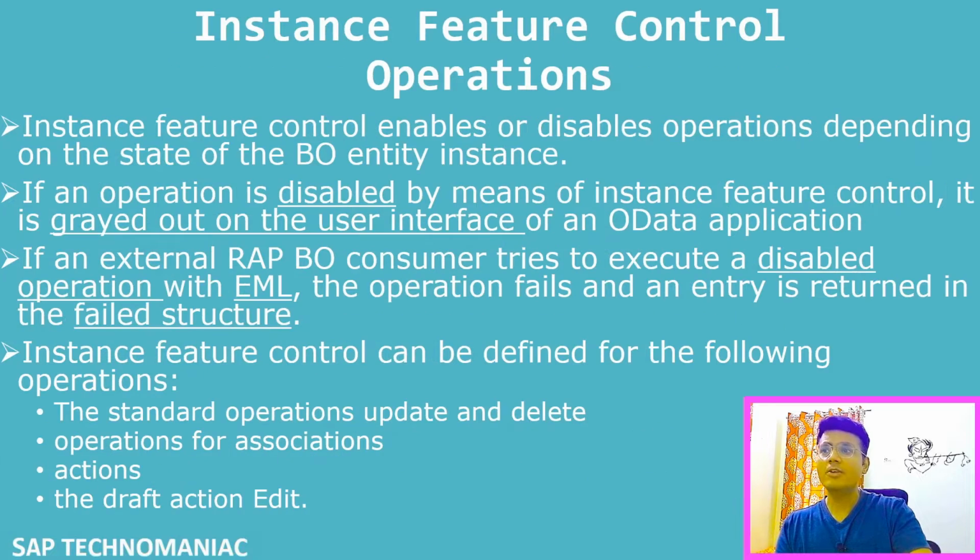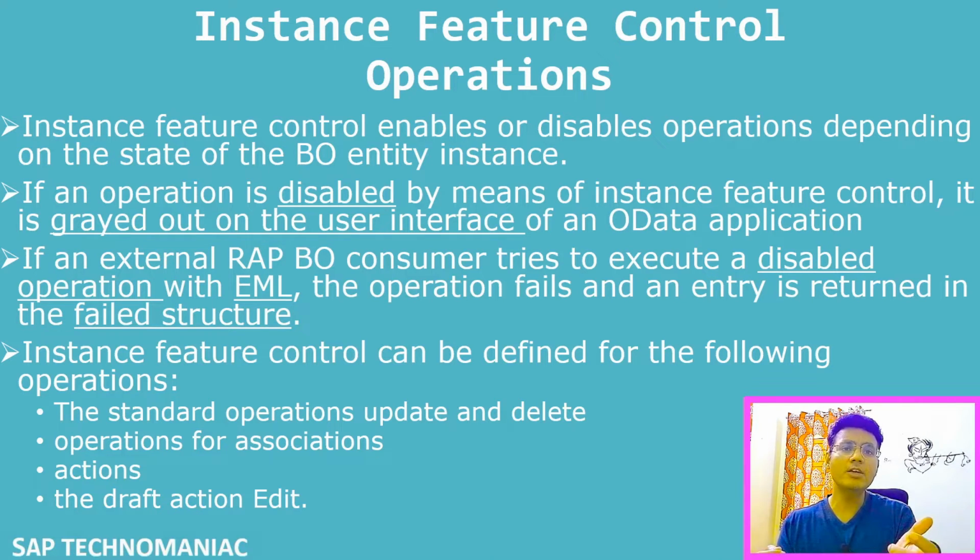Now we will talk about the instance feature control. Instance feature control is applicable on a particular instance. As I told you, the accept and reject travel buttons are applicable to the particular instance. Whenever you select one, I want to disable either accept or reject based on whether it is currently accepted or rejected, and for that I can use the instance feature control.